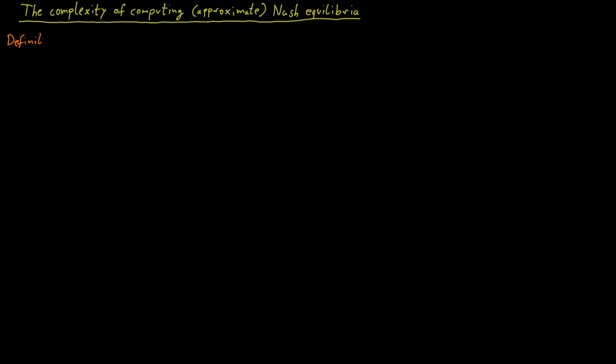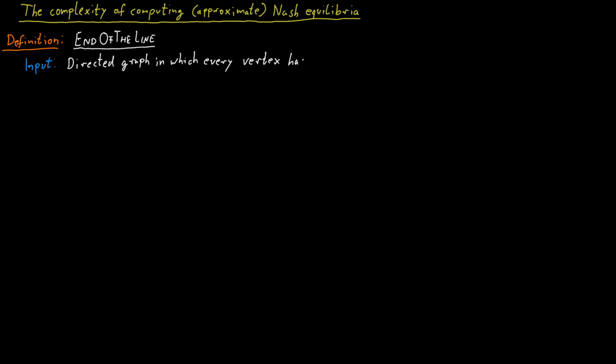To do this, I will start by telling you about the prototypical PPAD-complete problem, which is known as End of the Line. The definition of this problem is as follows. The input consists of a directed graph in which every vertex has in-degree and out-degree at most 1.